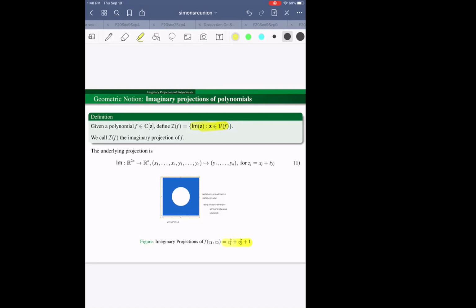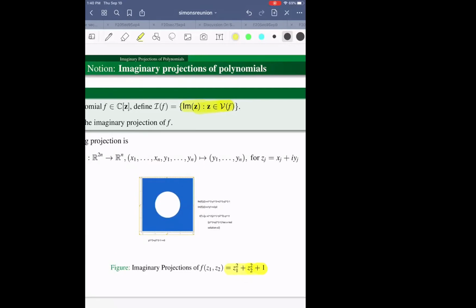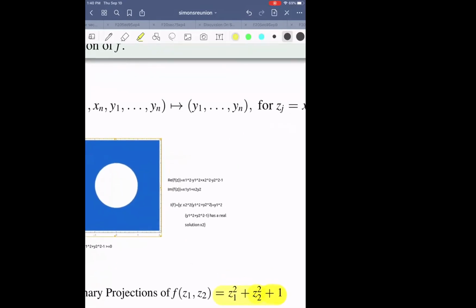An idea of computing the imaginary projection, briefly: we have to extract the real part and the imaginary part of the polynomial. And then we need to compute the range of y such that the polynomial in x will have a real solution.